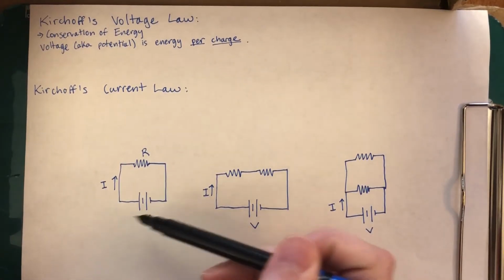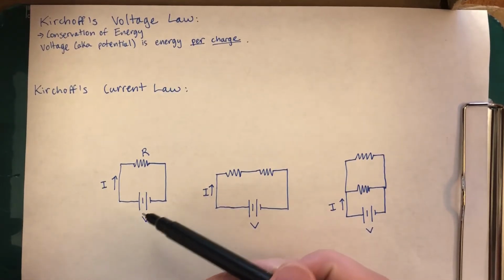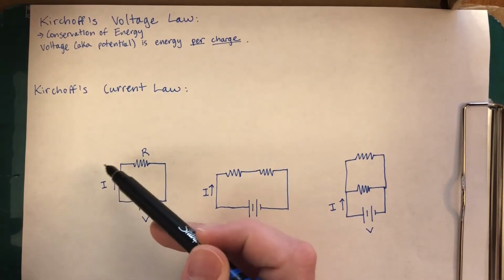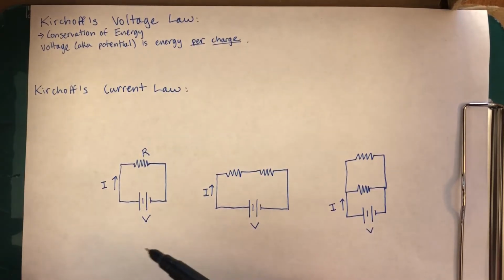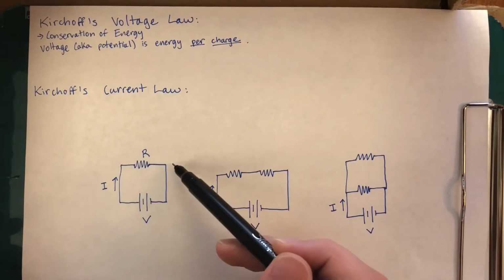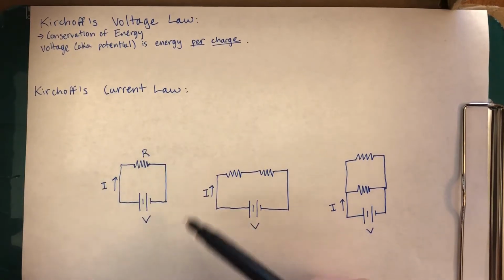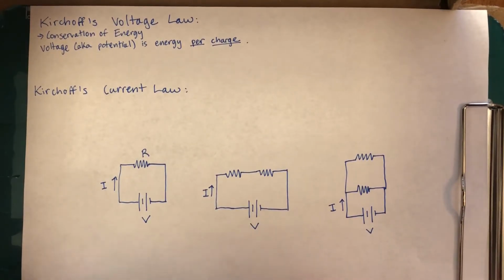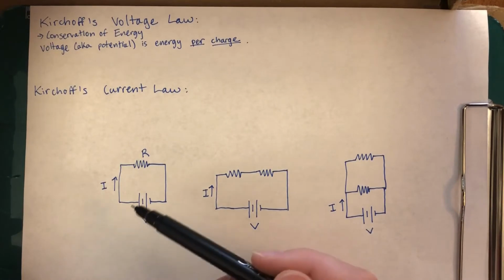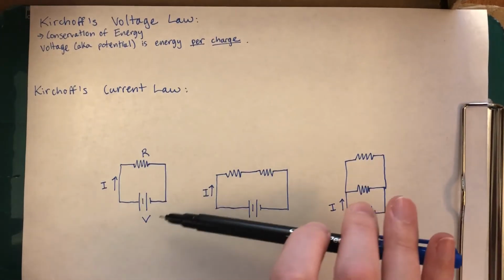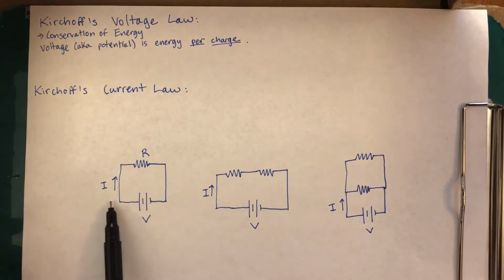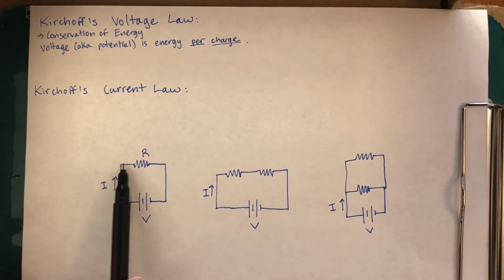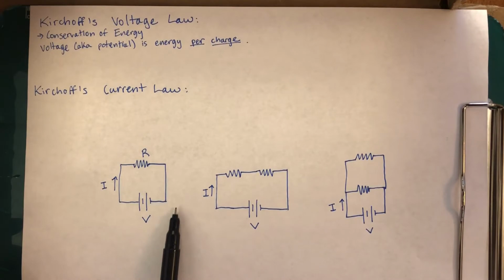Going through a battery gives the current more energy. That's what the battery voltage indicates. And going through a resistor uses up that energy. So this rule says that essentially, as we go through a battery, however much energy we gain, we need to use up that same amount of energy going through the resistor.